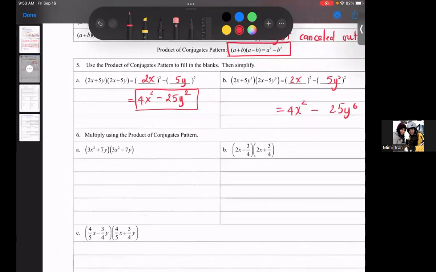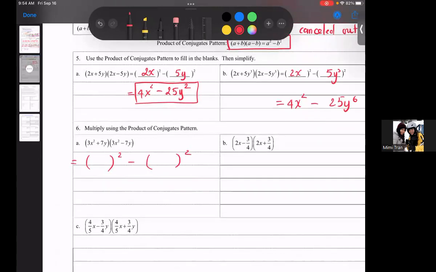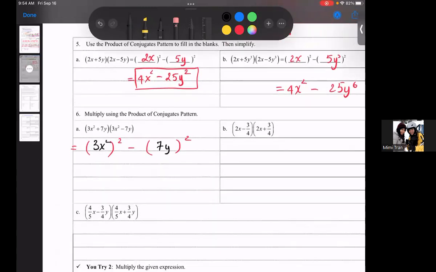All right, let's do this one. Again, same thing: something squared minus something squared. That something will be 3x squared here, and then 7y. 3x squared squared is 9x to the 4th minus 49y squared. I think this is easy.